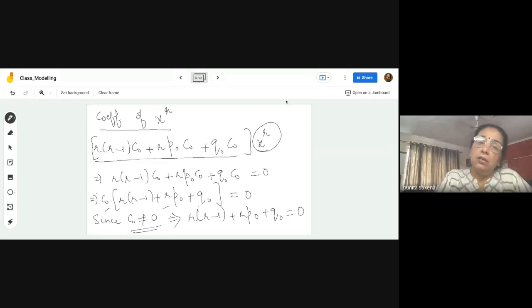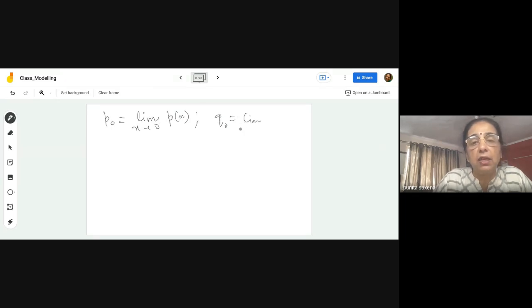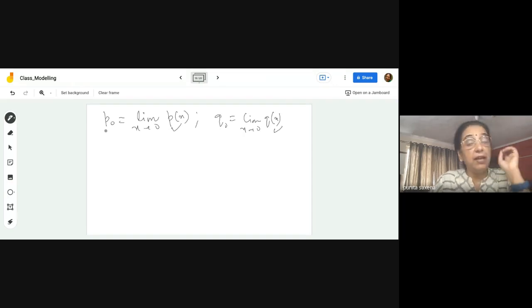Now, just a few minutes back, I told you what p naught is. p naught was the limit as x tends to 0 of px, and q naught was the limit as x tends to 0 of qx. So we can always find these values, and they are finite, mind you. That is why x equal to 0 was a regular singular point.